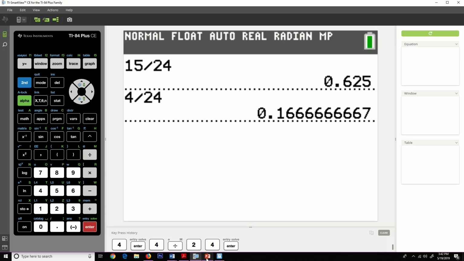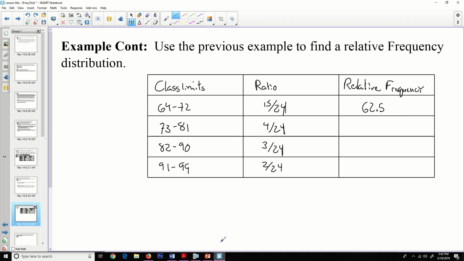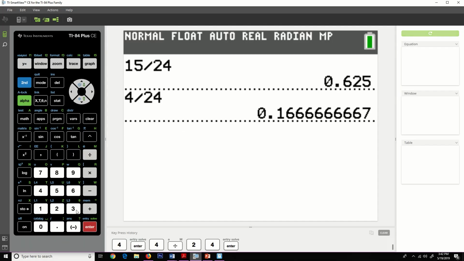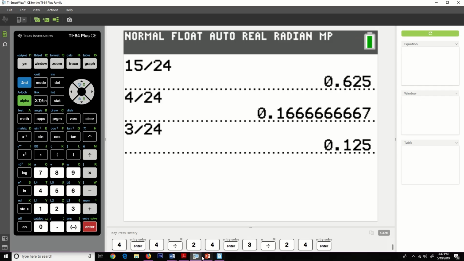So we will move the decimal place 2 spots and say it is 16.7%. I should have a percent there. Don't leave your percentages off. Always label your final answers. 3 divided by 24 is 12.5%.